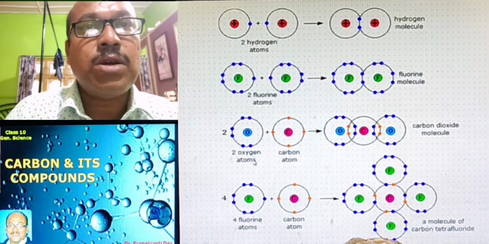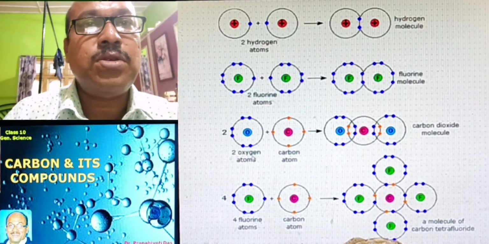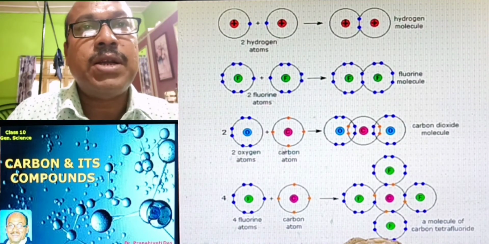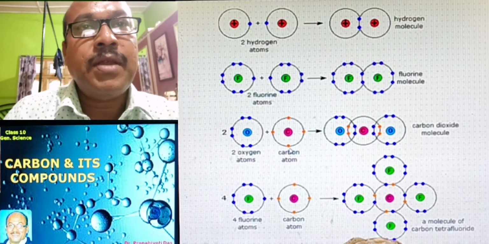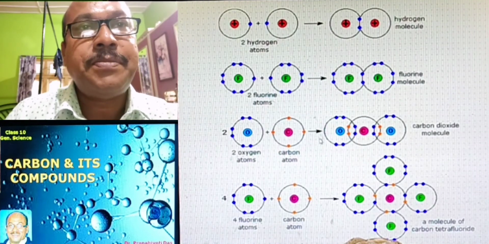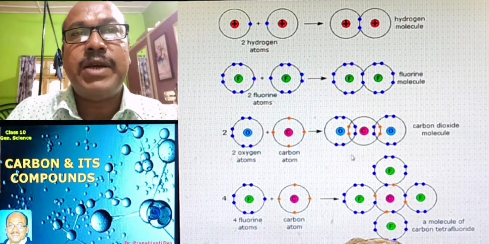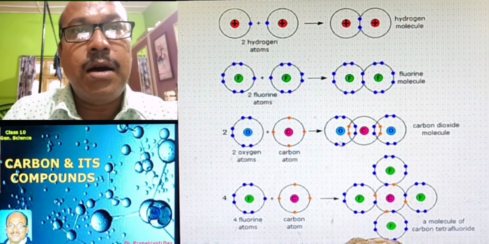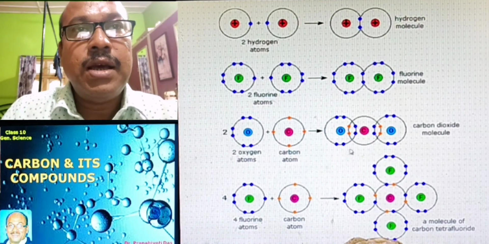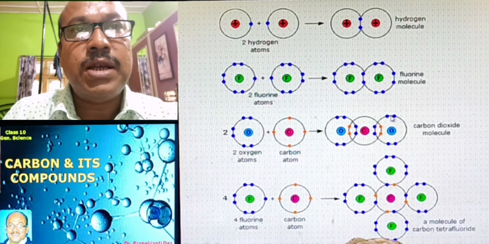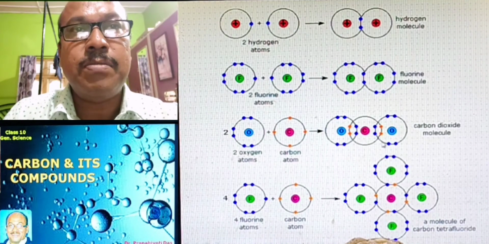Third, we can see oxygen. Sorry, the first is oxygen and the second is carbon. Oxygen has 6 electrons in the outermost orbit. Carbon has 4 electrons. Now, when oxygen and carbon combine, they will produce carbon dioxide. In the formation of carbon dioxide, we can see the carbon is sharing 2 electrons with the left side oxygen, and the same carbon atom is sharing the remaining 2 electrons with the right side oxygen atom.